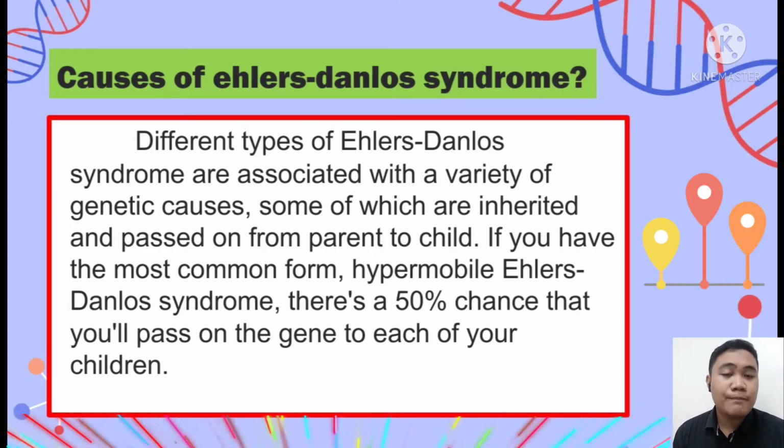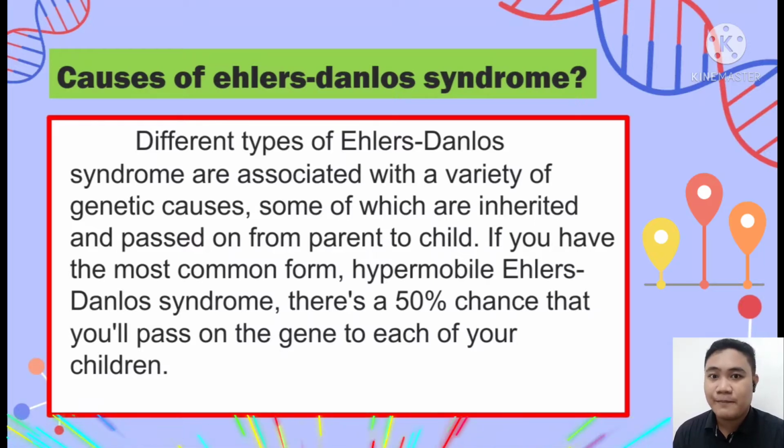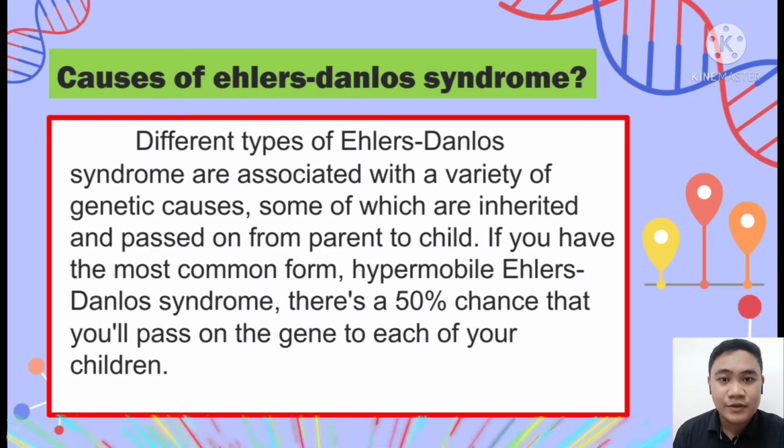If you have the most common form, hypermobile Ehlers-Danlos syndrome, there's a 50% chance that you'll pass on the gene to each of your children. So basically, it's inherited from parent to child. That's the cause why EDS is observable in certain situations, especially in humans.